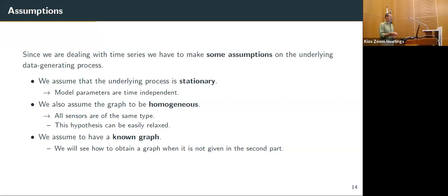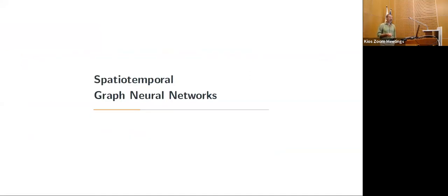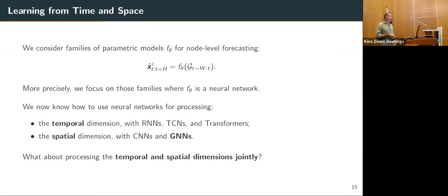Okay. So spatial temporal graph neural networks. What we want to do is, at the end of the day, to build predictors. That is my request. If you then want to use predictors within a control framework, that is up to you.